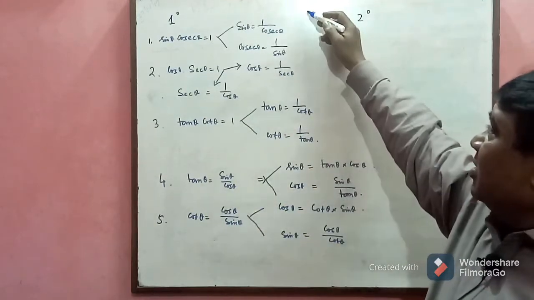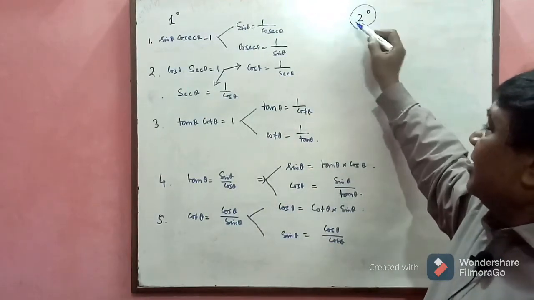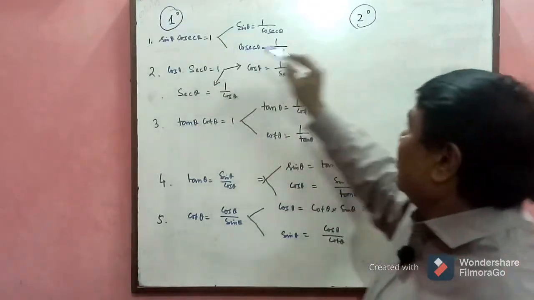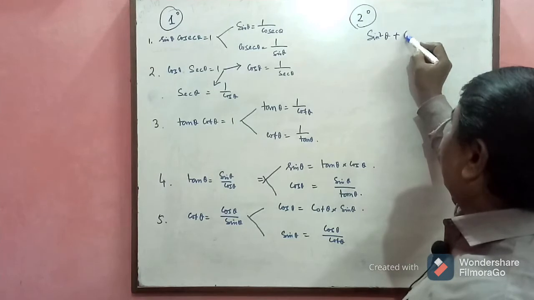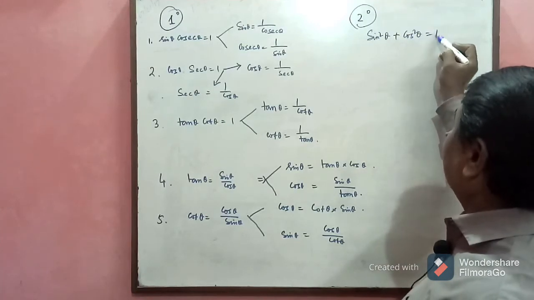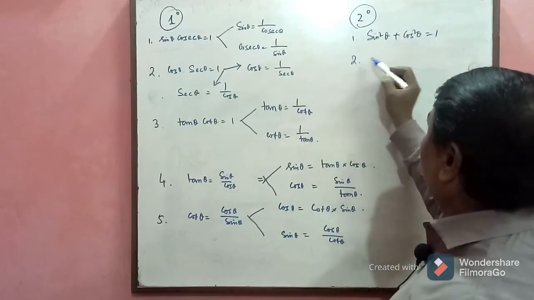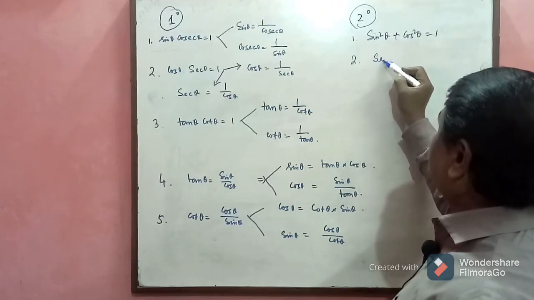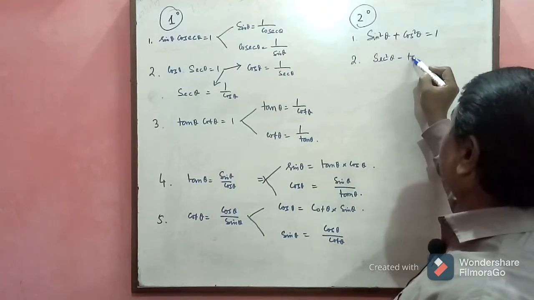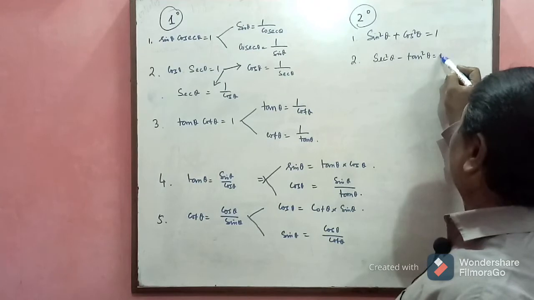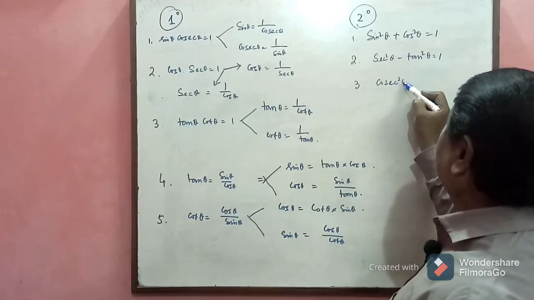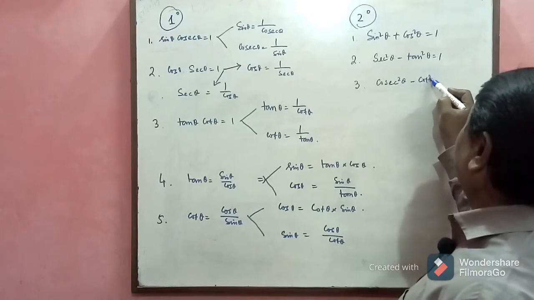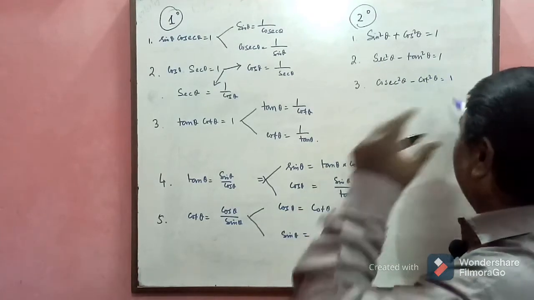Now I will talk about 2-degree identities again. This is your sin square theta plus cos square theta is equal to 1. Number 2, sec square theta minus tan square theta is equal to 1. Number 3, cosec square theta minus cot square theta is equal to 1.